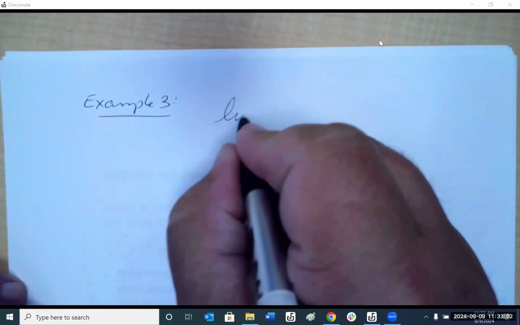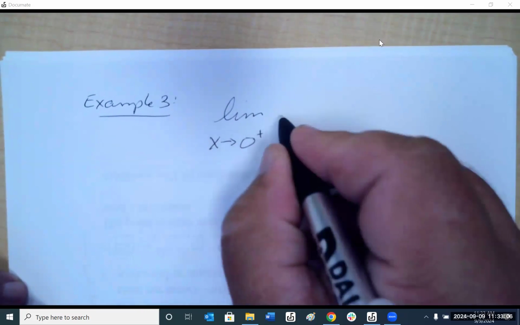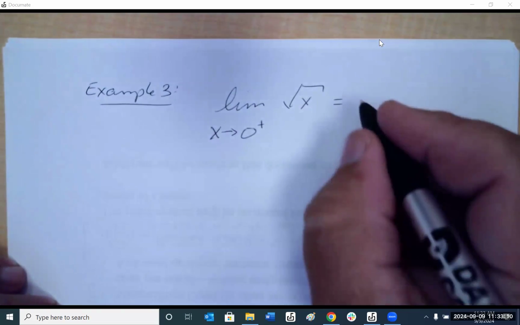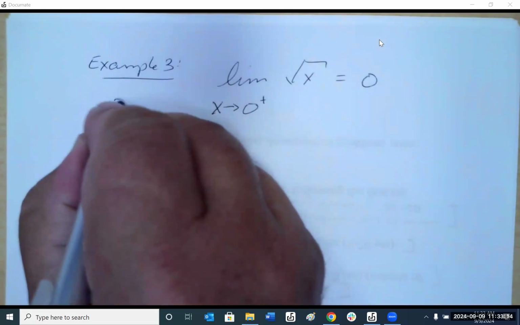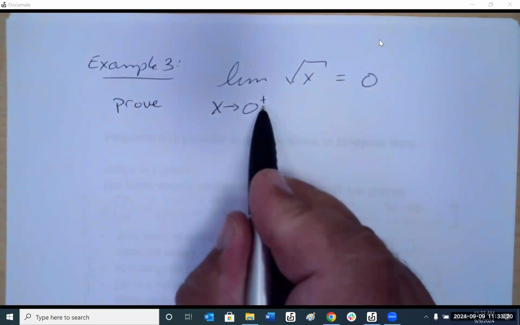So example 3. The limit as x approaches 0 from the right of the square root of x is equal to 0. Prove that. How do we prove it? Remember, it's to the right.